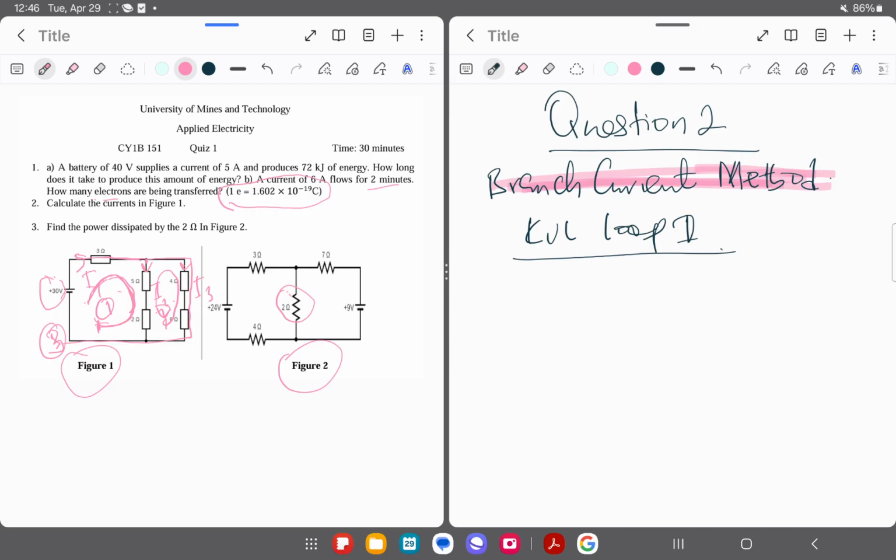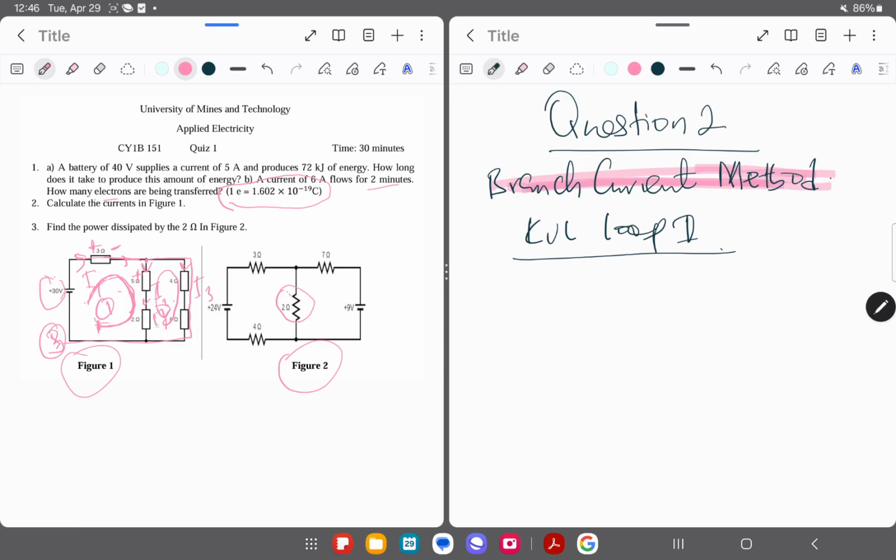So if I'm moving clockwise, here you can see I1. We have I1 entering the first terminal of the 3 ohm resistor here. Where the current enters, we consider that positive. When the current leaves, that will be negative. The same thing, you are going clockwise, so here too will be positive, as the current is entering.